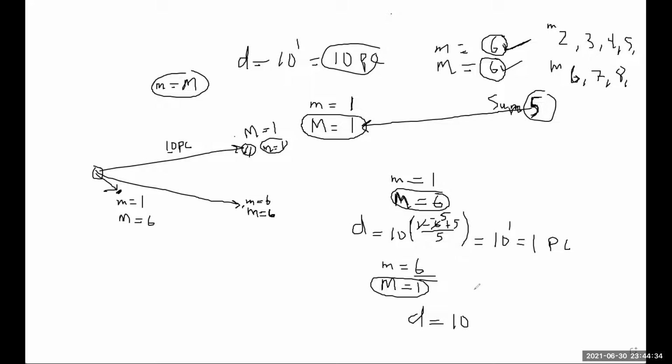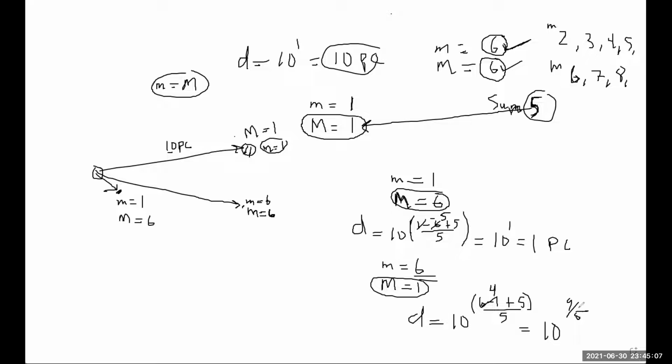10 to the (6 minus 1 plus 5) over 5. 6 minus 1 is 4, plus 5 is 9. So 10 to the power 9 over 5.